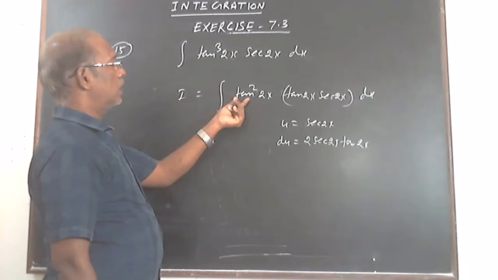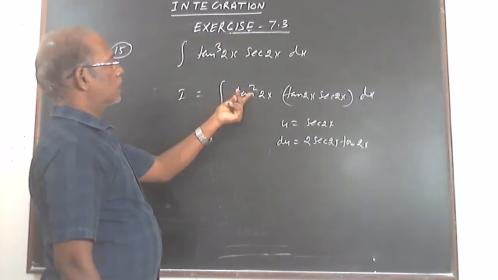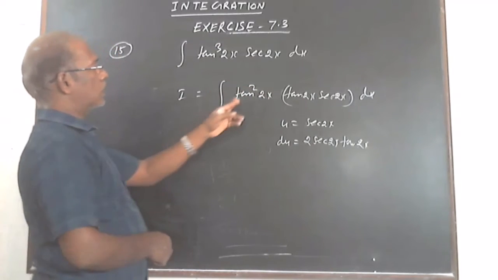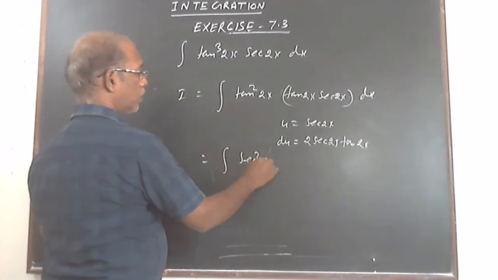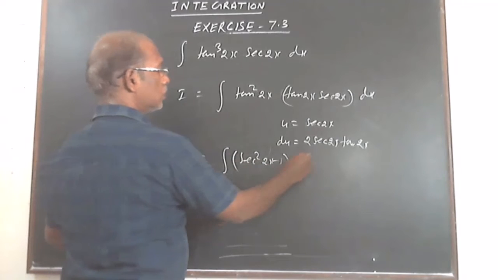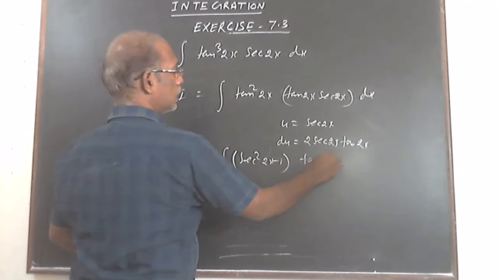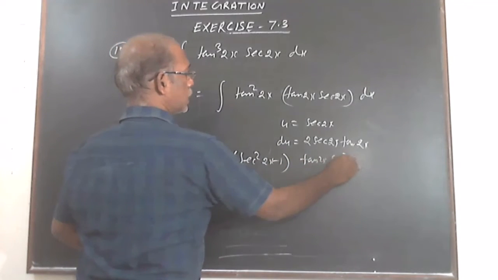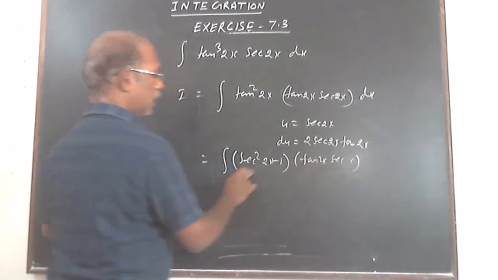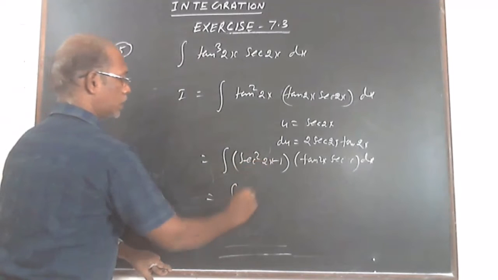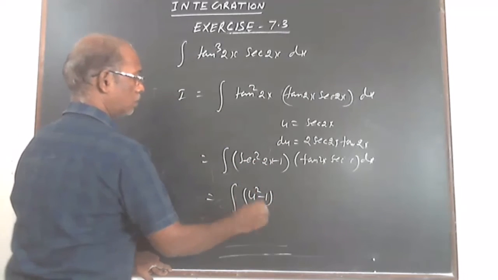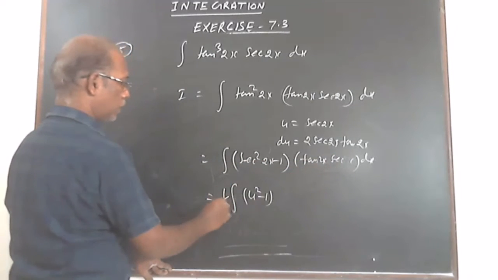Tan square theta can be written as secant square theta minus 1, using the identity. So this is (secant square 2x minus 1) into tan 2x secant 2x dx. Now the integral of this is (u square minus 1) times 1 by 2 du.